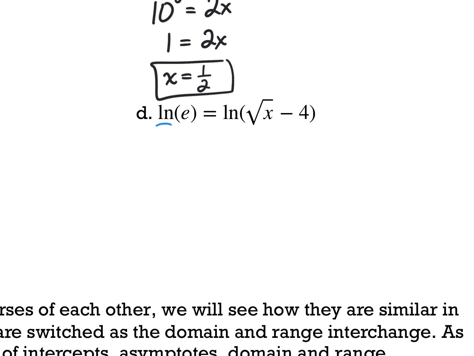We are taking the natural log of two different values, so e must be the same as the square root of x minus 4. Well, if I add 4 to both sides and then square both sides, x will equal the quantity e plus 4 squared. And there's our answer. So we can leave it in those terms.